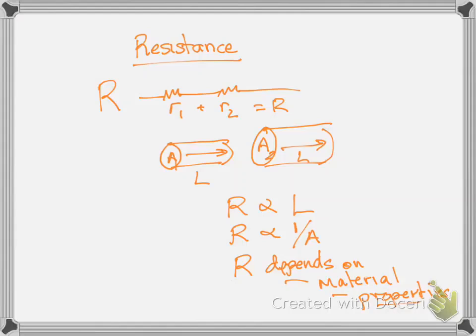A material has a certain temperature, a certain pressure. No, well, anyway, temperature is another property. And those material properties are called, the material property is called the resistivity. Whoops, I gotta write it.